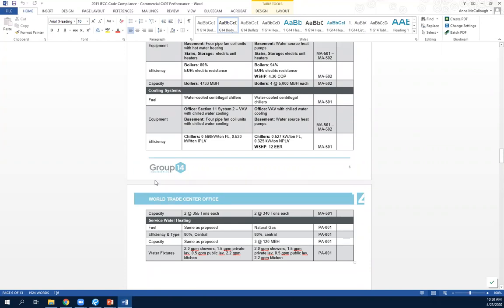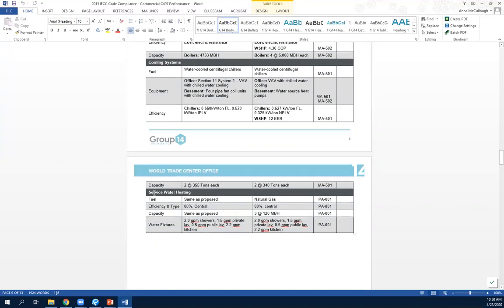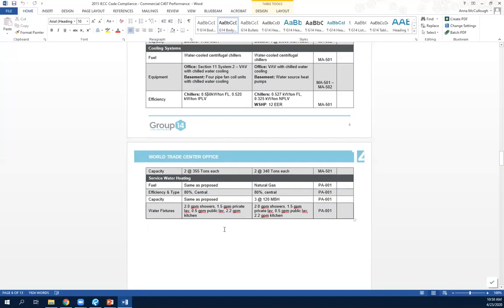Okay. Yeah, gosh, service water heating. That's the same as proposed. Yeah. So is that 1.5 gallons per minute? Are these going to be fixed flow rates for your water fixtures on all projects? Obviously if you were installing more efficient fixtures with lower flow rates, you would change that?